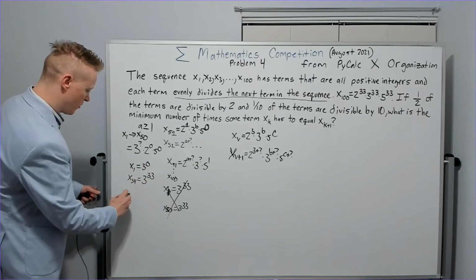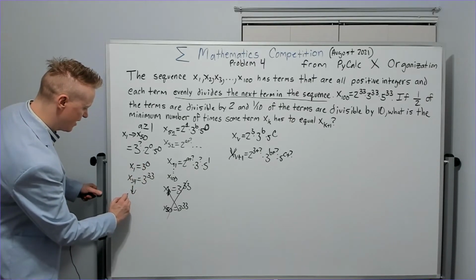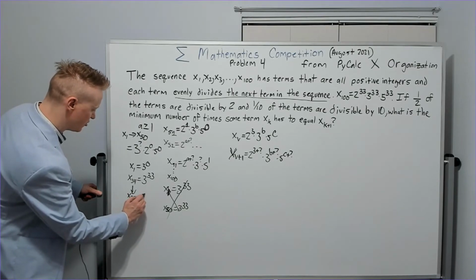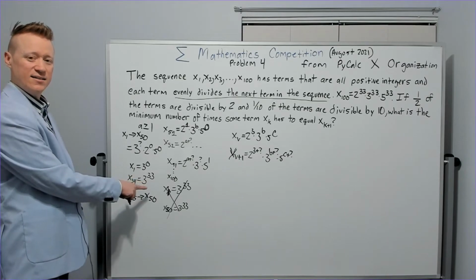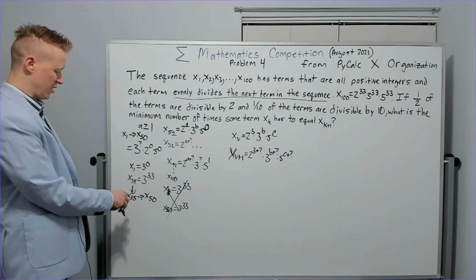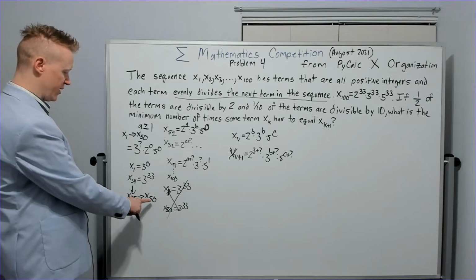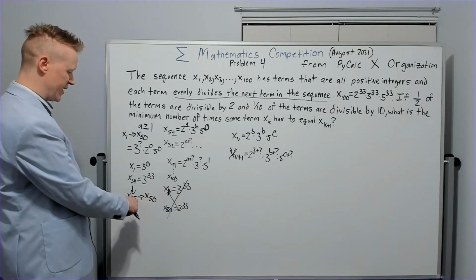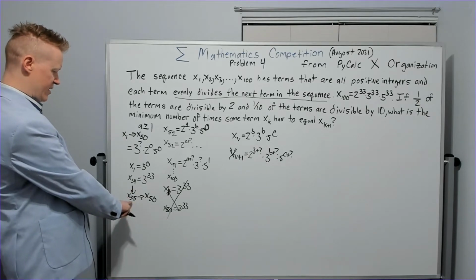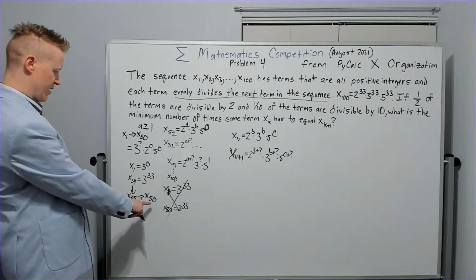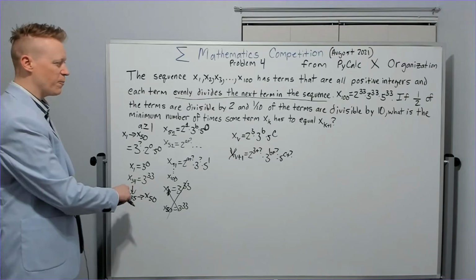Okay, the next thing we have to do is continue on. x sub 35 to x sub 50 would all have to look exactly like this one. So how many terms look like that? Let's see.